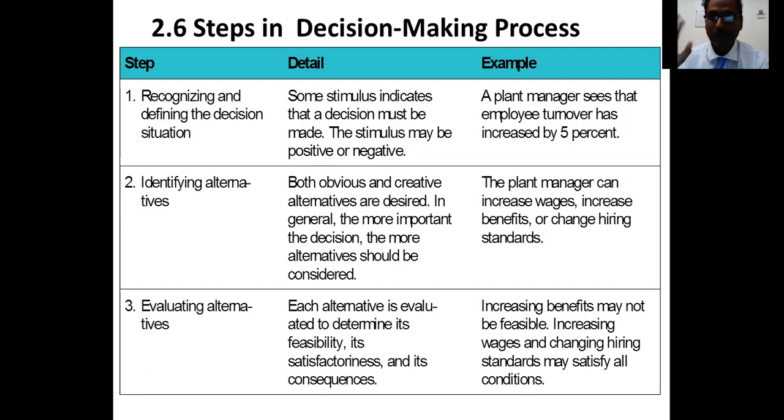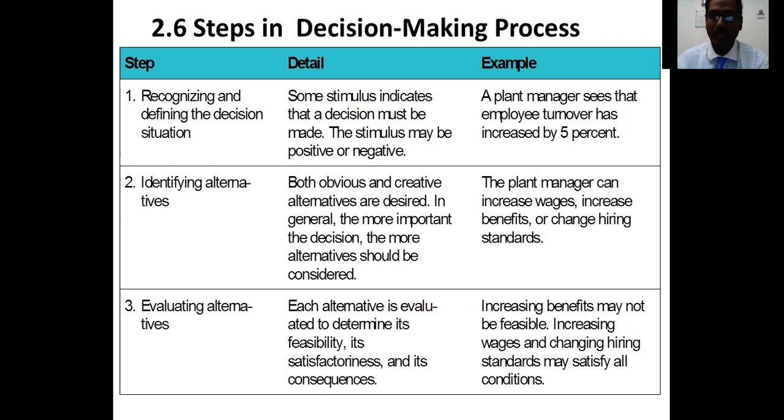One is that he can increase the wages. Then the second option is to increase the benefits. Benefits can be several things, like paying PF, which is mandatory, or other benefits, like, for women, taking care of the kids, babysitting in the organization.